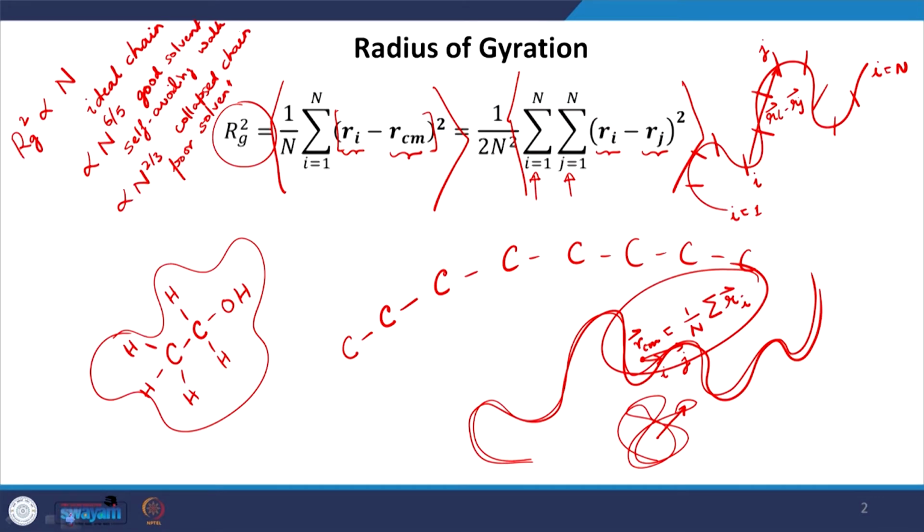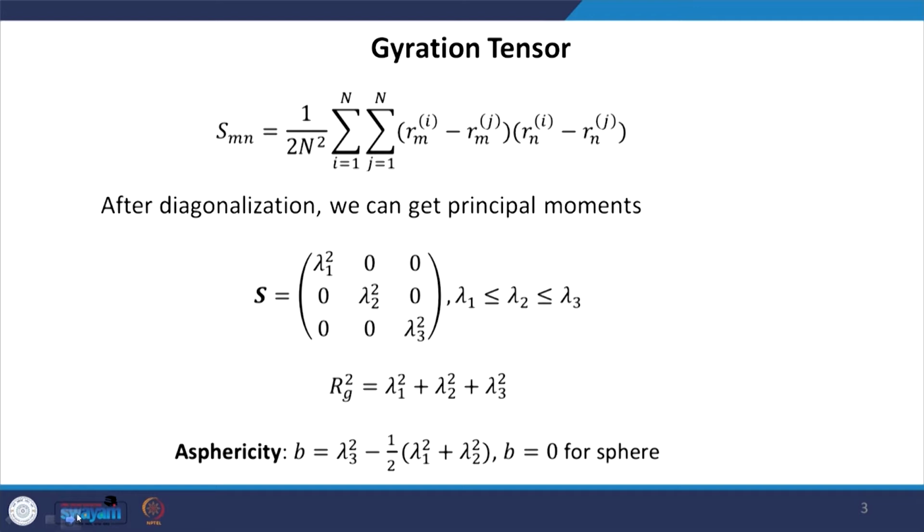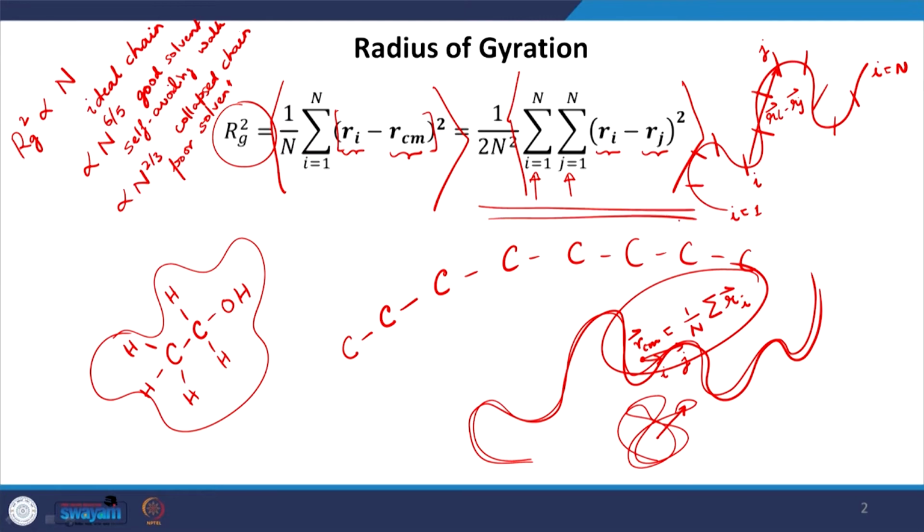So, apart from the radius of gyration, what we can also compute is known as a gyration tensor. That is actually a generalization of the idea of radius of gyration in the tensor kind of space. So, what we do here is I again do the summation over all i and all j as I did in the second formula right here.